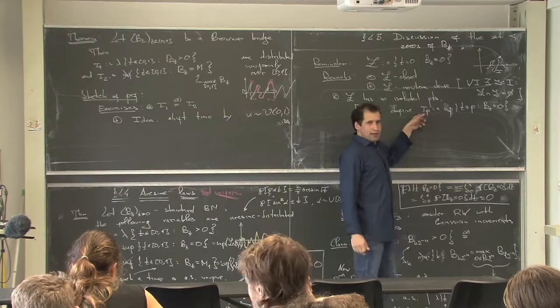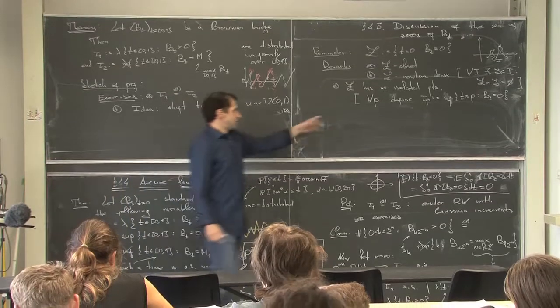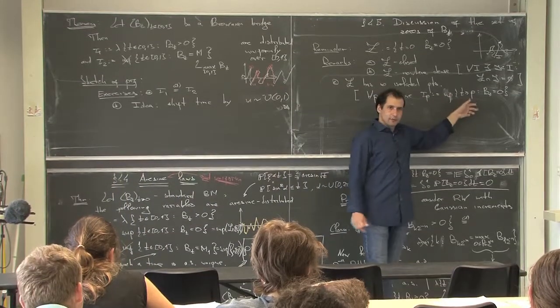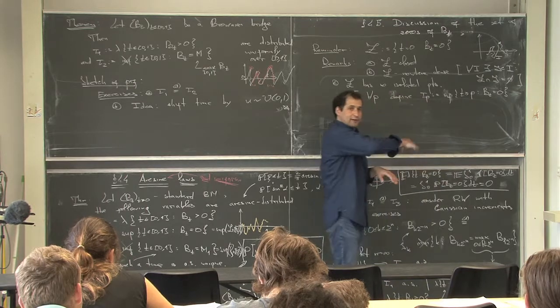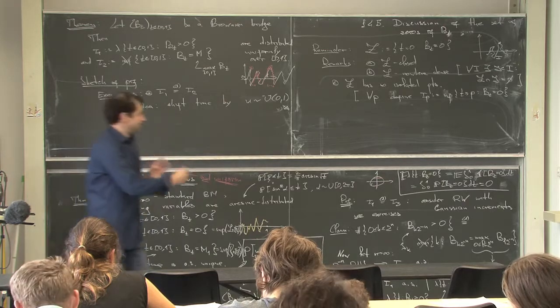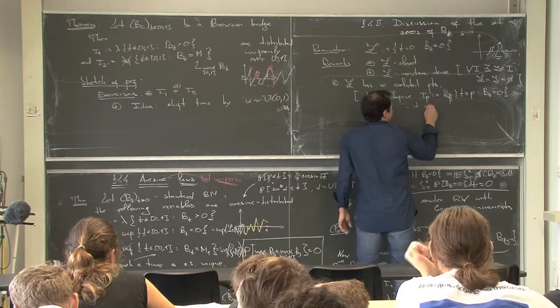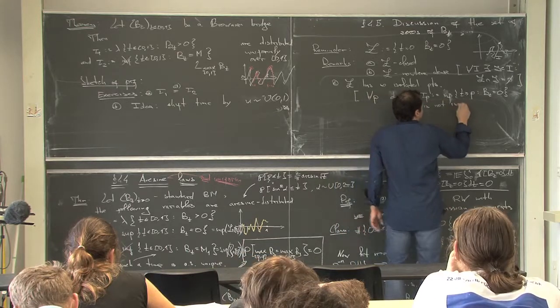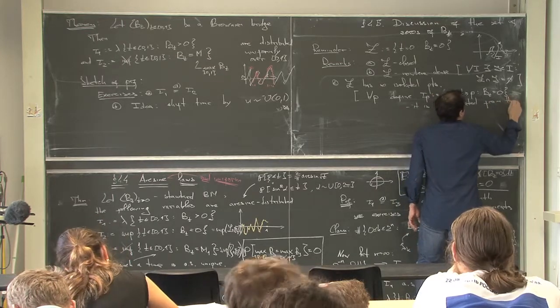Any such point cannot be isolated from the right, because this is a stopping time, this is a Markovian moment, and once we are at the origin, we have infinitely many zeros just to the right of us. Okay? It's not isolated from the right.